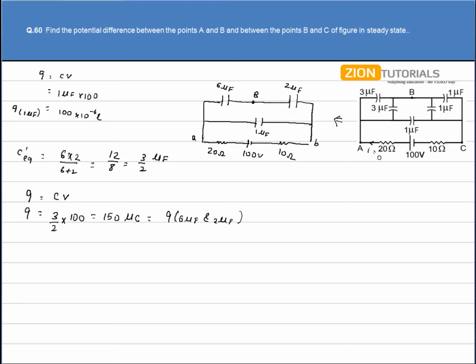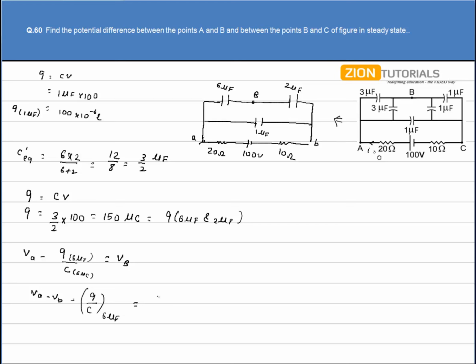Now applying the Kirchhoff law from A to B, I can write potential at A minus Q at 6 microfarad divided by C of 6 microfarad. That is the potential drop across 6 microfarad capacitor, and that is the potential at B. So VA minus VB equal to Q by C, for 6 microfarad capacitor.